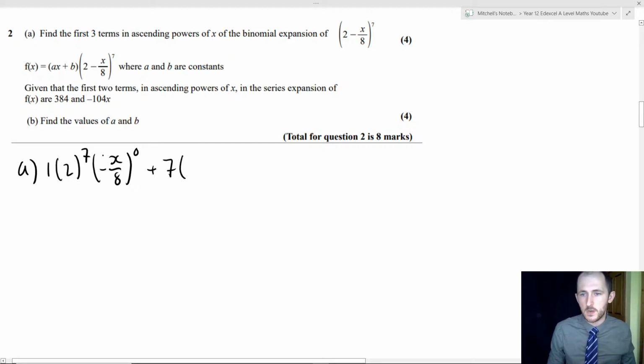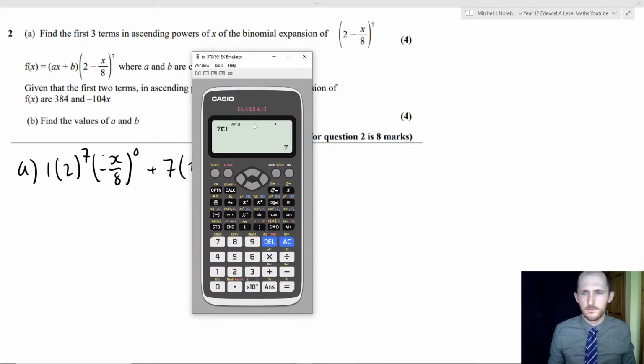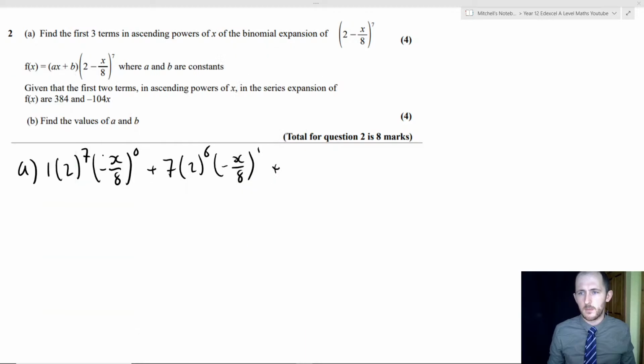Reduce the power of the 2 and increase the power of the x. And it says first 3 terms, so we go one more term. 21. Reduce the power of the 2. Increase the power of this.